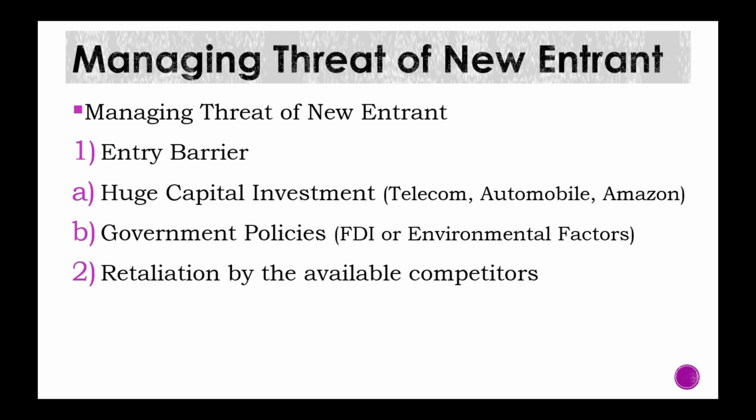Thus, the new company cannot manage their ROIs and cannot survive, and it may require the company to withdraw from the market. After withdrawal of that new company, the old existing companies can get back to their original prices. Here we can discuss the example of Hindustan Unilever and Procter & Gamble.